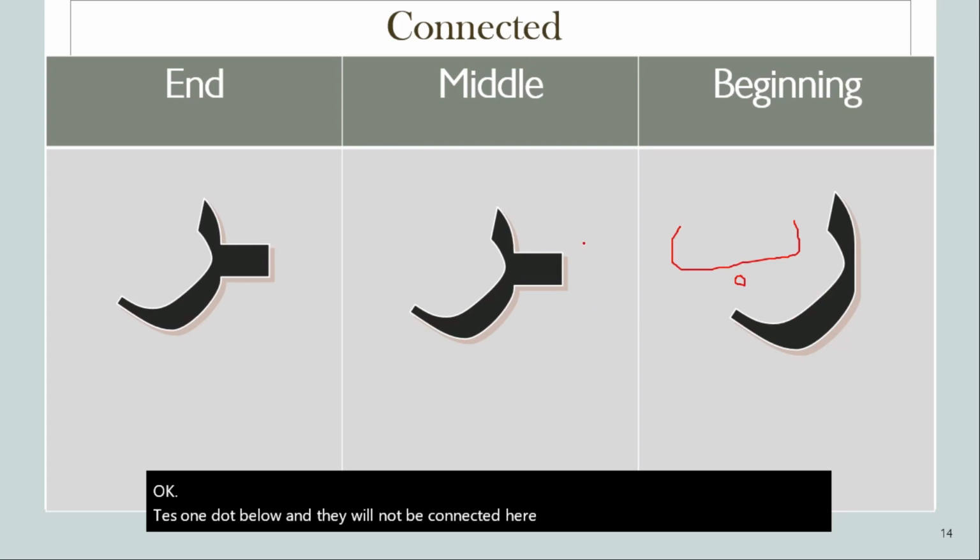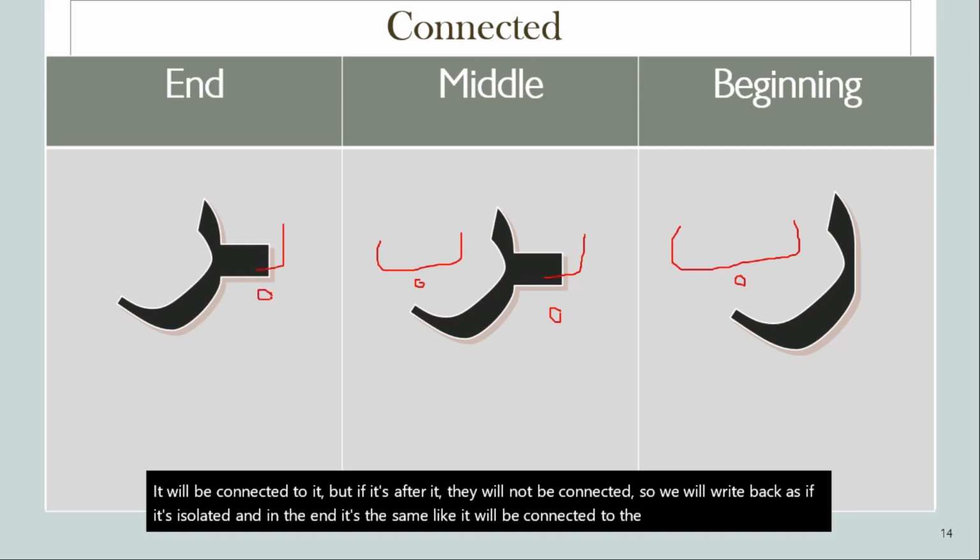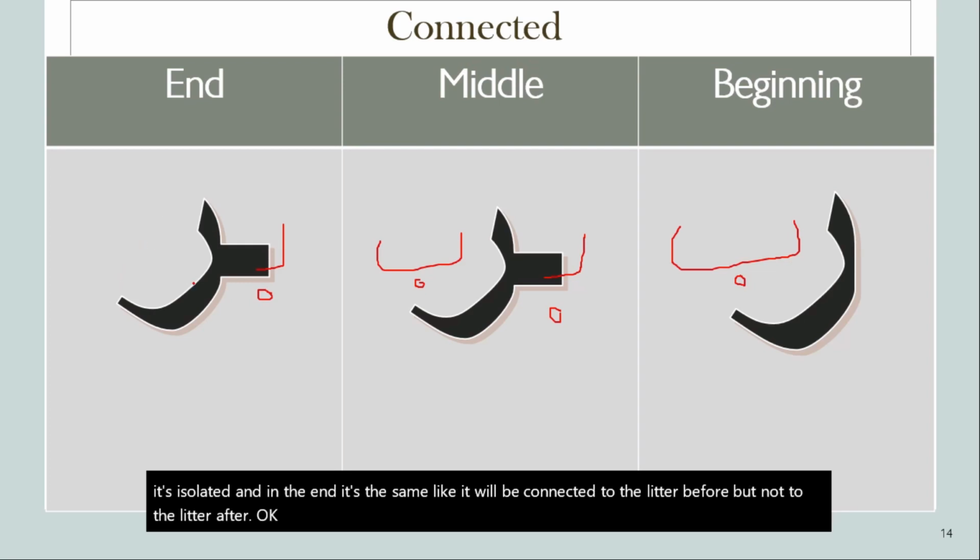If there is حرف الباء before it, it will be connected to it, but if it's after it, they will not be connected, so we will write ba as if it's isolated. And in the end, it's the same, it will be connected to the letter before, but not to the letter after. So this is حرف الراء. It's like many other letters that have the same rule, never connected to the letter after, only to the letter before.